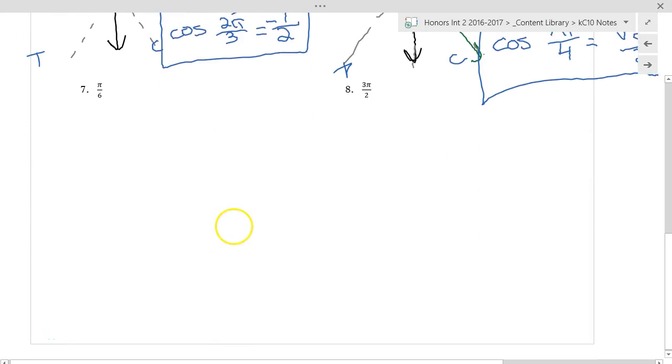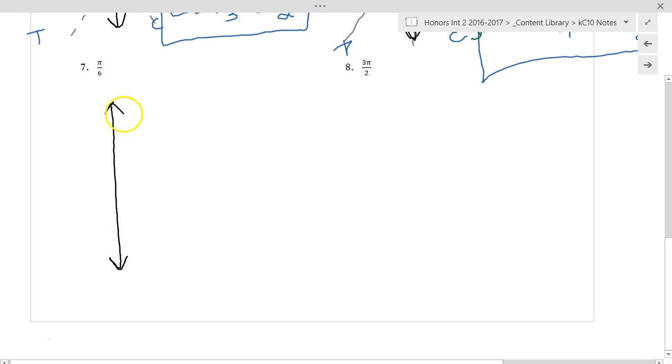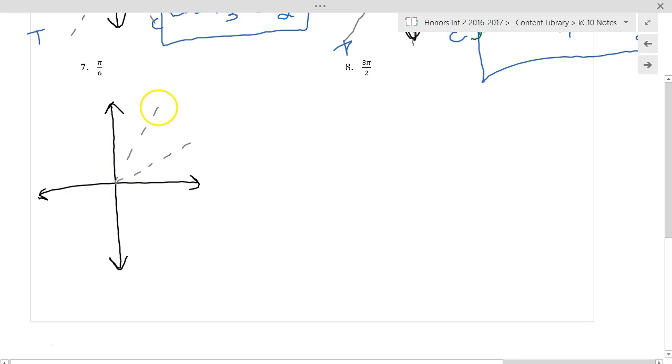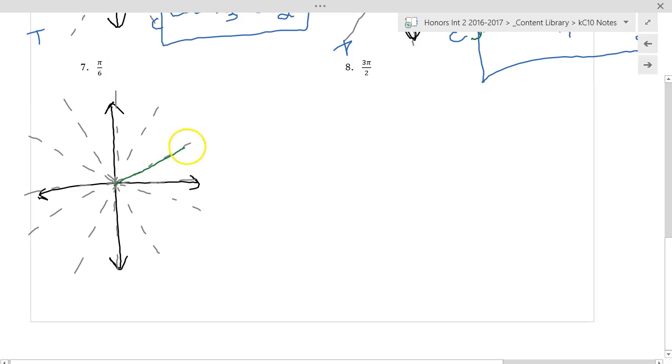Let's do 2 more examples. Number 7 is pi over 6. Making my lines. I'm doing just 1 pi over 6. That is right here. So my reference angle, I should write that so we're both used to it.